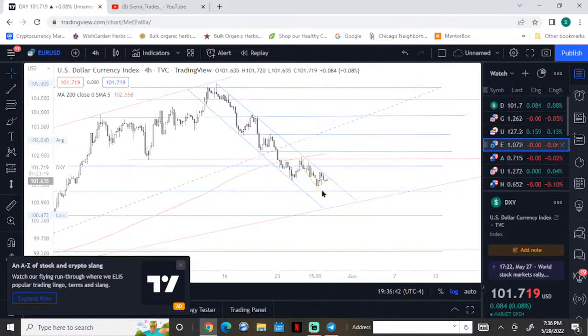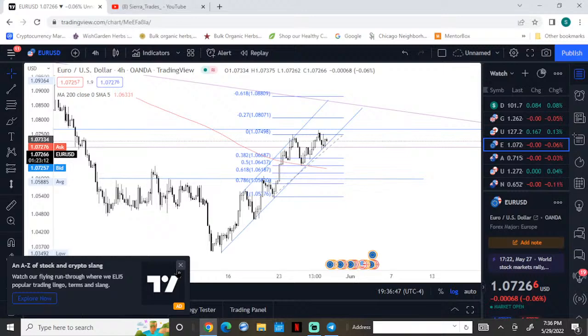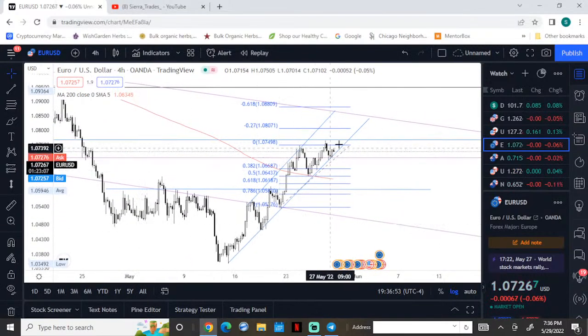If it continues to fall, we'll get TP3 on EU. This is currently what price is. I would like to see TP3. It would test this weekly trend line and stay within this channel and then come down.